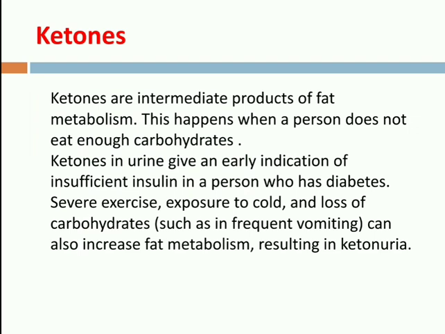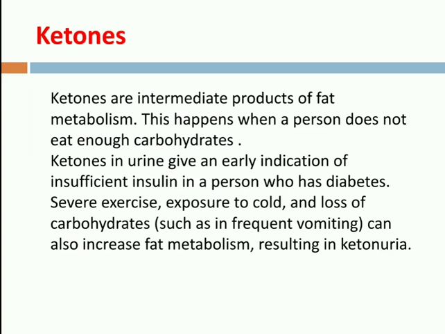Now, ketones. There are 3 ketone bodies present in the urine in abnormal conditions. They are acetone, acetoacetic acid, and beta-hydroxybutyric acid. The ketones are the intermediate product of fat. The ketones present in the urine give the early detection of insufficient insulin.